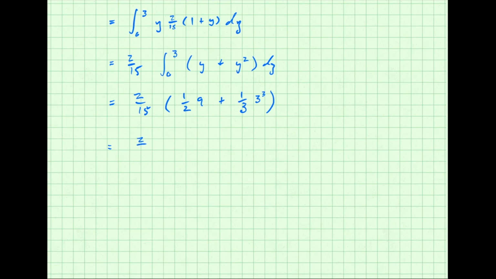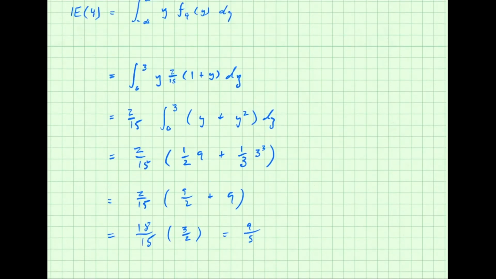So we get 2/15 times 9/2 plus 9. And so now we'll bring out the common factor of 9, so that's 18/15 times 3/2. And so we get 9/5. All right.